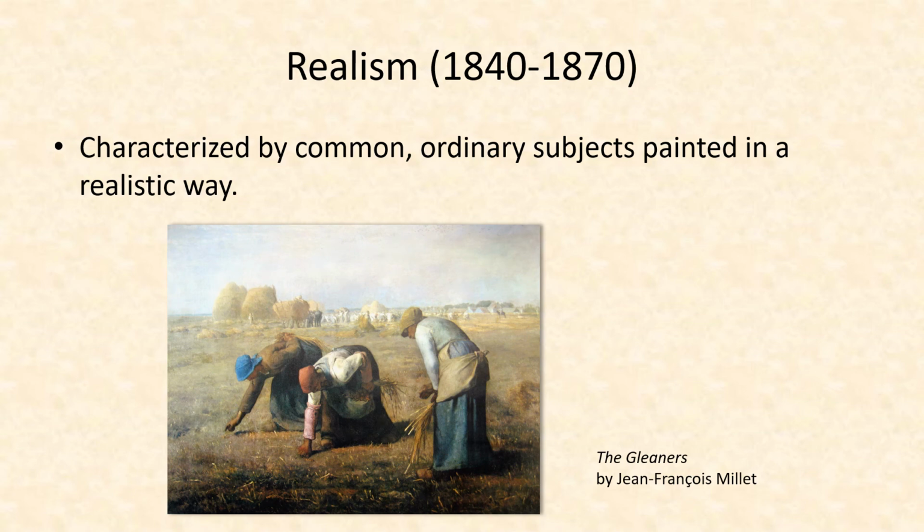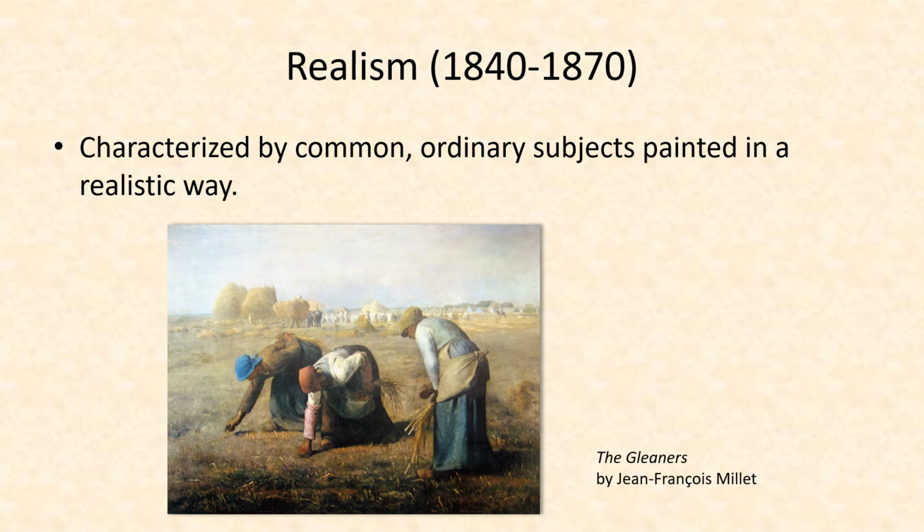In the art period known as Realism in the mid-1800s, we find that in society, people were starting to focus more on the common, on the ordinary, and they were looking at things more realistically.